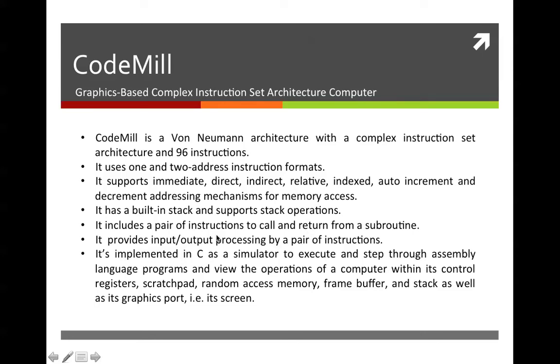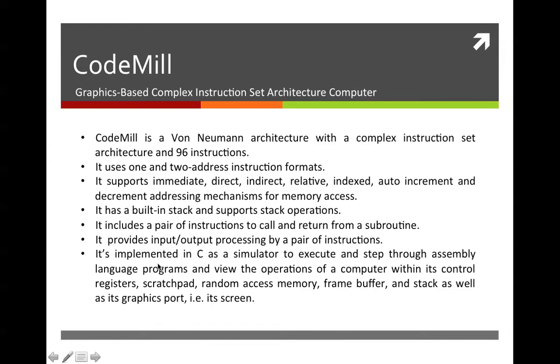It includes a pair of instructions to make calls and returns from a subroutine. They would be basically JSR and RTS instructions, as we will see later in the next video lecture. And CodeMill also provides input-output processing by a pair of instructions that are called send and receive.